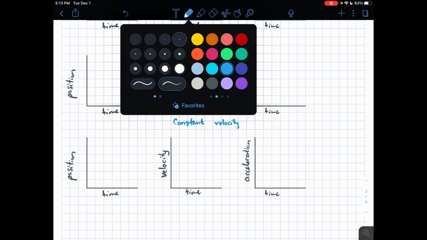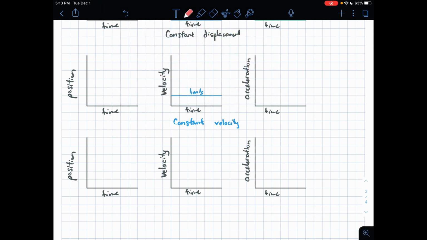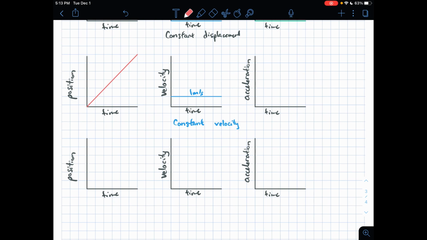What would happen to the displacement? Well, here's what would happen. It would go like this. The reason for this is because it is increasing by 1 position for every second. So for every 1 second, it goes that way. The position would increase 1 meter away from the origin point.